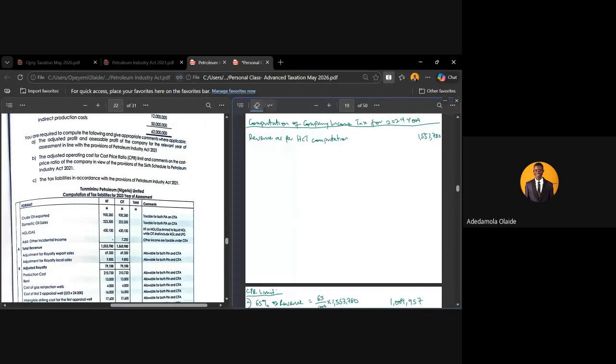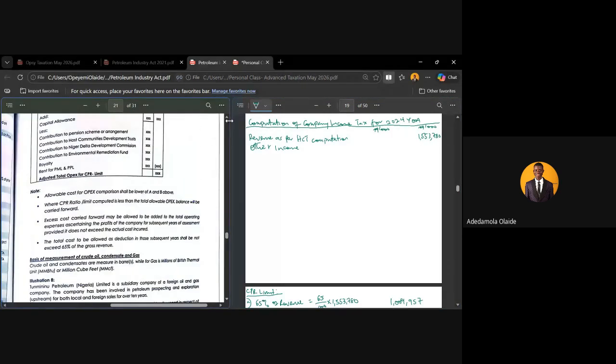So we can then say other income that we did not include in this before, because that one cannot be subjected to hydrocarbon tax.